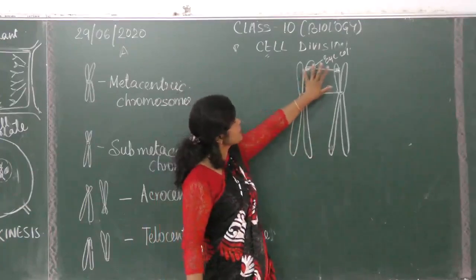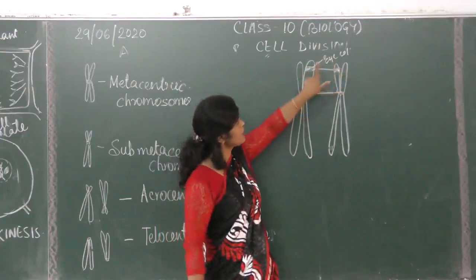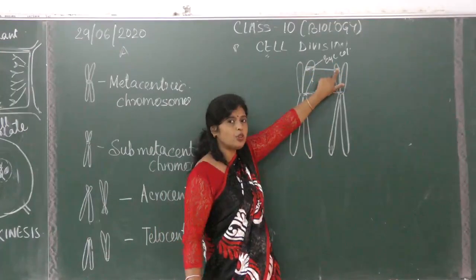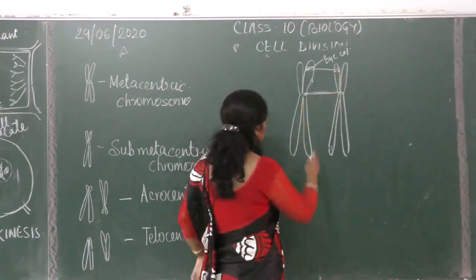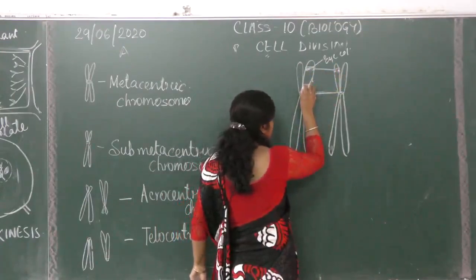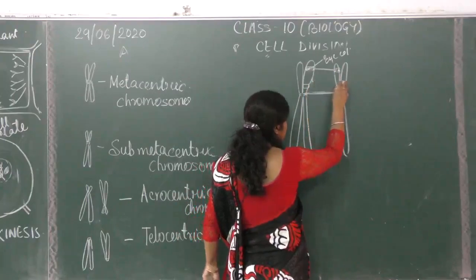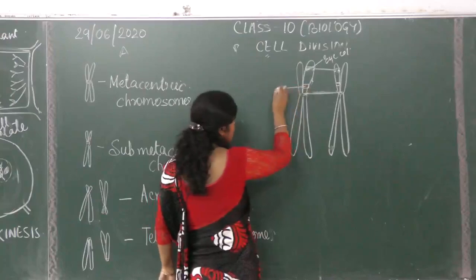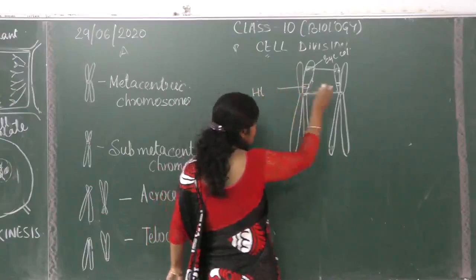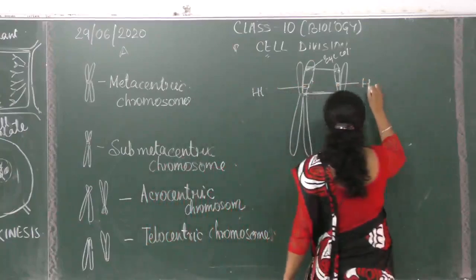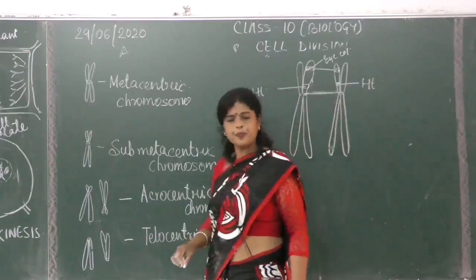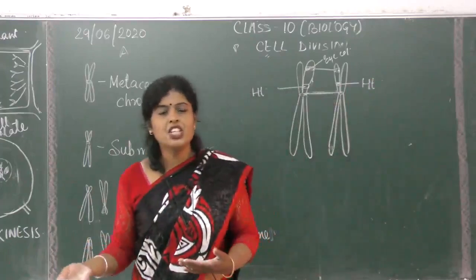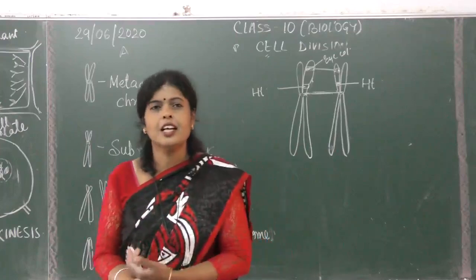Okay, so suppose this is a gene which controls eye color. Here there should also be a gene controlling eye color. Suppose this is the second gene, and this is the location of the second gene. Again, this is a wrong example. All right. So suppose this one contains height. So here also should be a gene which controls height. There is a variation in height, there is a variation in skin color.